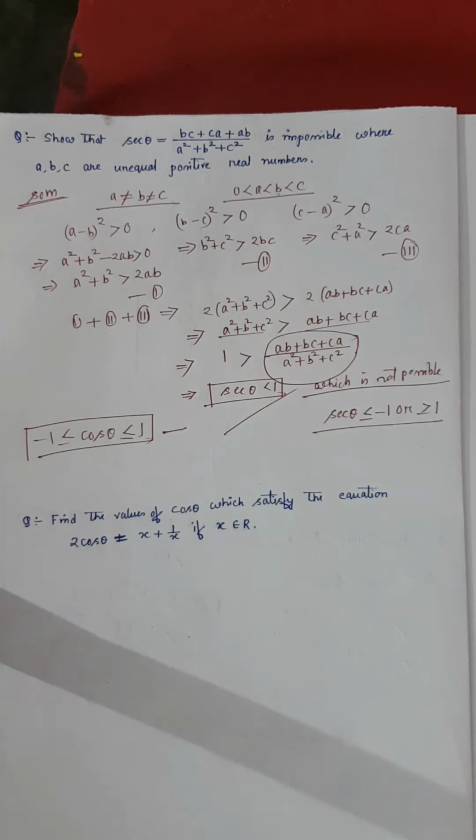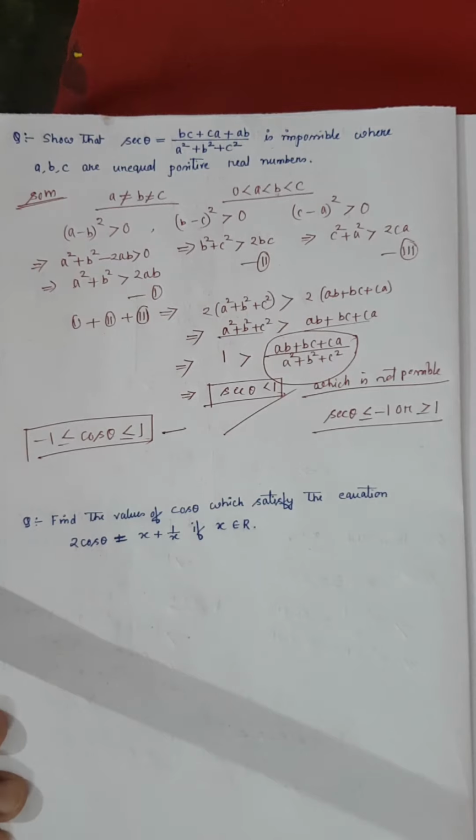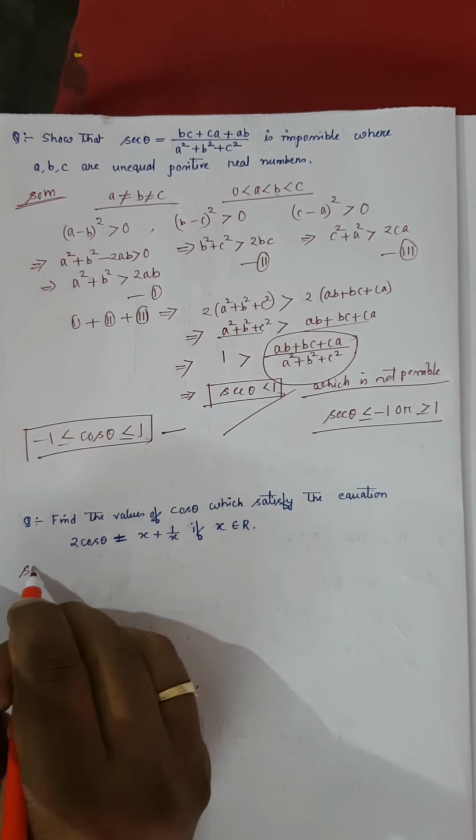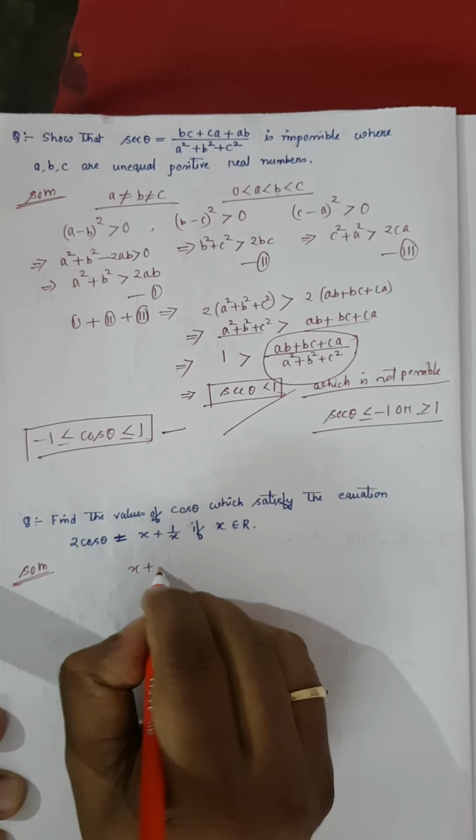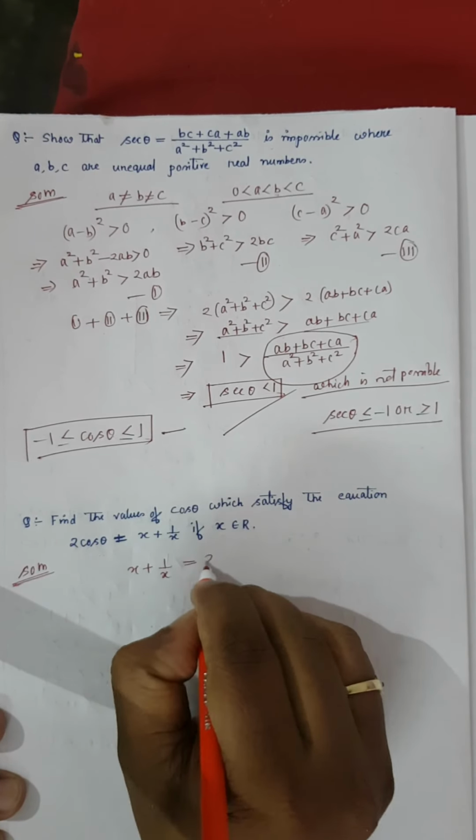Now it's time to solve number 5. This is similar to question number 3. Find the values of cos theta satisfying the equation 2 cos theta is equal to x plus 1 by x. Solution. So x plus 1 by x is equal to 2 cos theta.